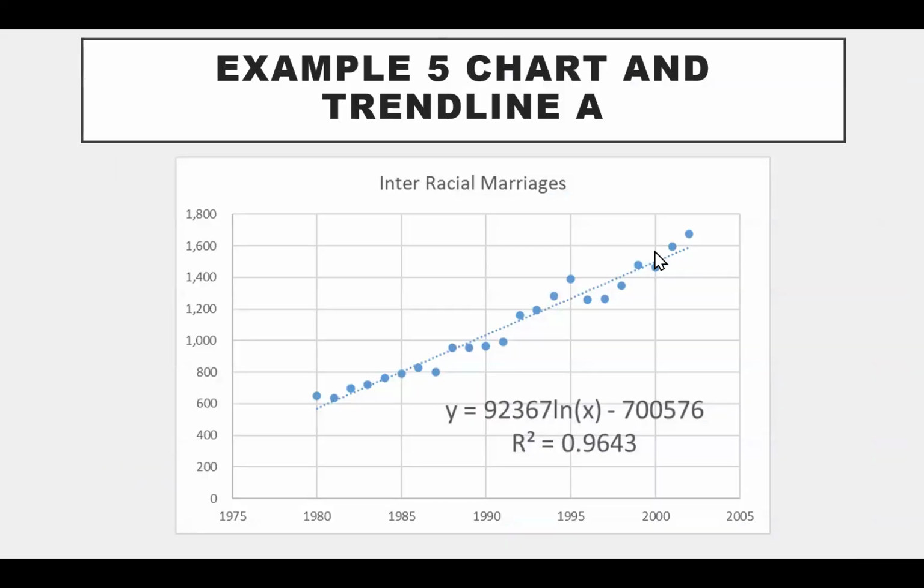And so it looks like this. Now, it turns out if you let your X value be calendar years, so X of 1980 stands for 1980, then you end up with a model that looks like this.